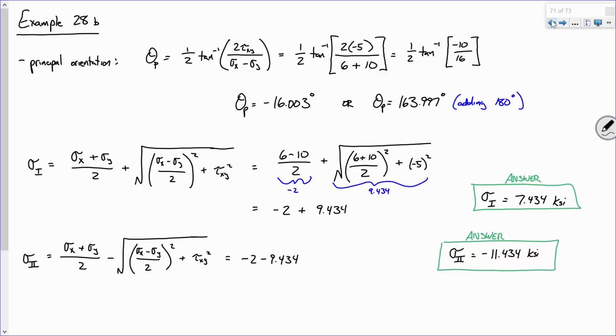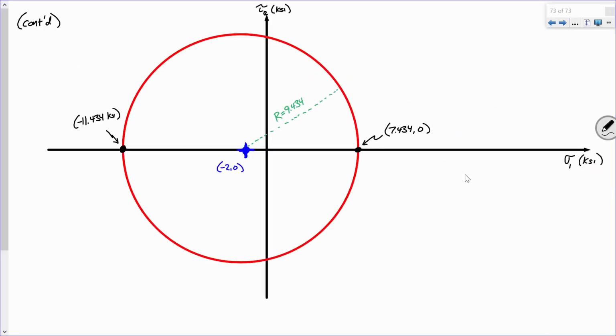All right, I propose to you that the x-intercepts for Mohr circle will always be your principal stresses. This point will always be sigma 1 and sigma 2. That will always be the case. Make sense?